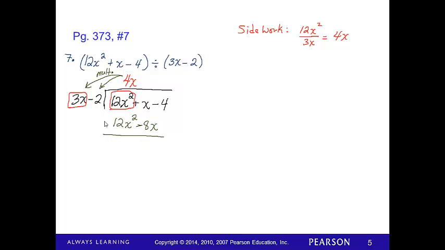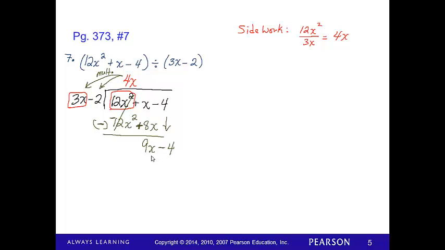This is our product, and then we subtract all of this. By putting the subtract sign, this makes the 12 negative and turns the negative 8 into a positive number. So 12 minus 12 is gone. x plus 8x is now 9x, and you drop down the negative 4. This is your new dividend.